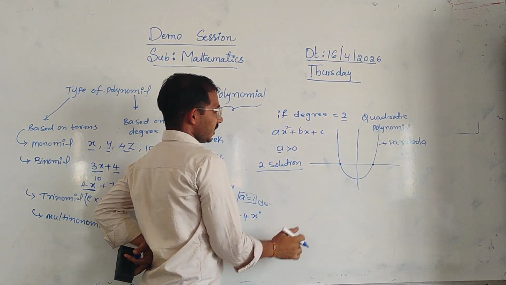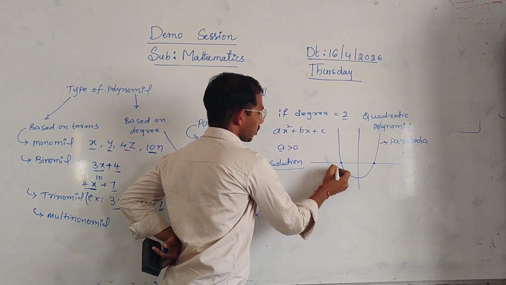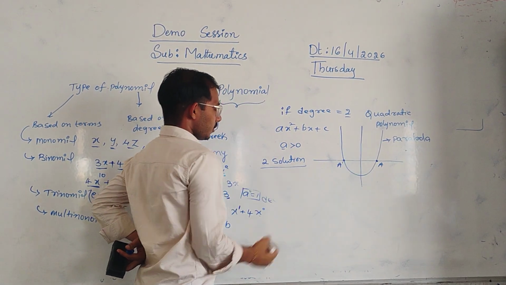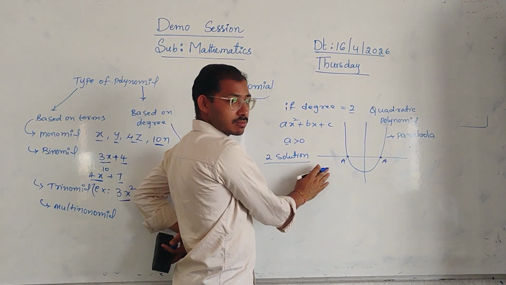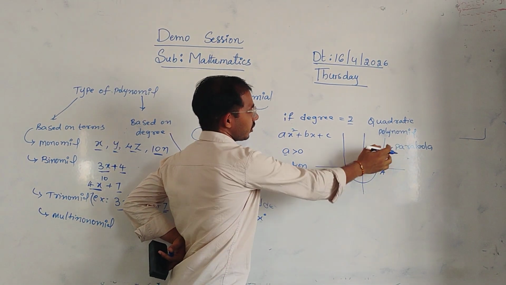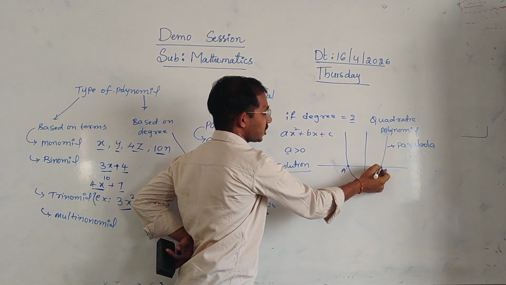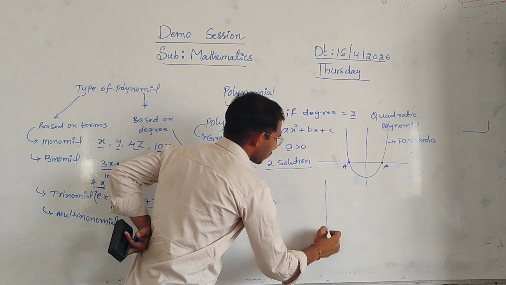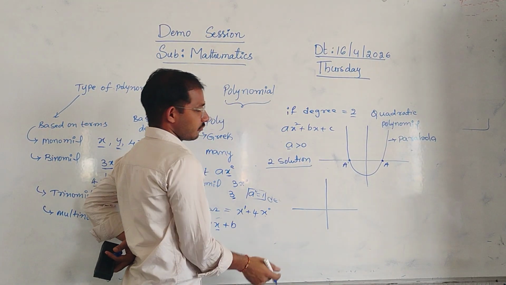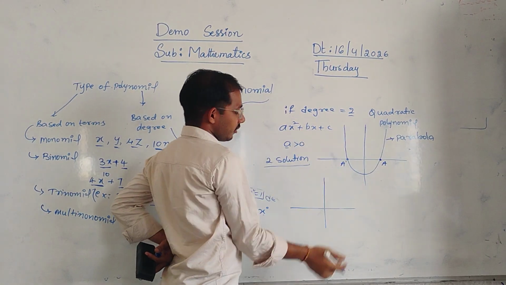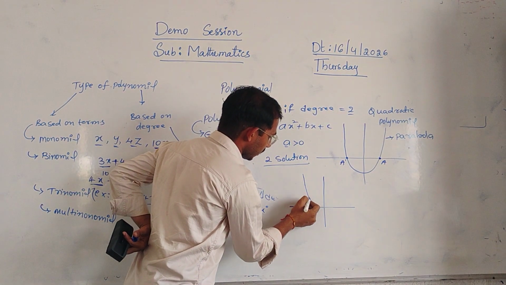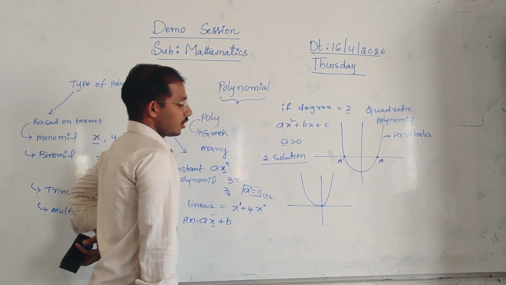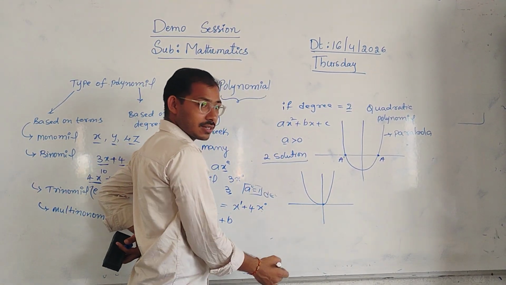So if it touches the x-axis at 2 points, you can call them A and A dash. Maximum we get 2 solutions only for a quadratic polynomial, because the highest degree is 2. Now, one more case: if the parabola touches at only one point, for example at the origin, we get one solution only.